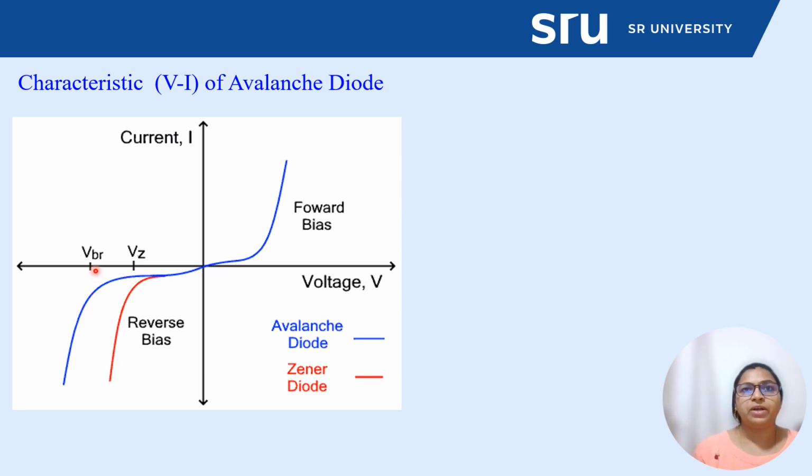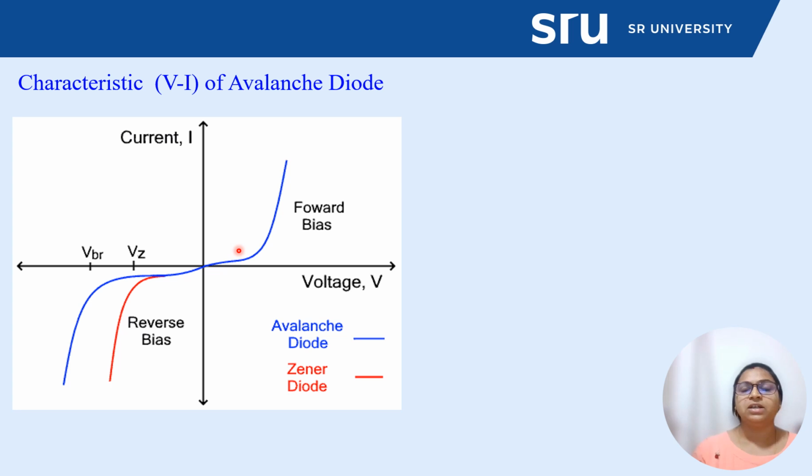When forward bias voltage is applied to the avalanche diode, it works like a normal diode, allowing electric current through it. So when reverse bias voltage is applied, what happens? Basically the free electrons, the majority carriers in the N-type semiconductor, and the holes, the majority carriers in the P-type semiconductor, are moved away from the junction.